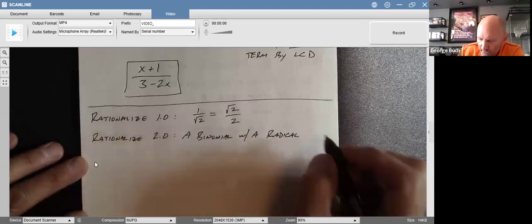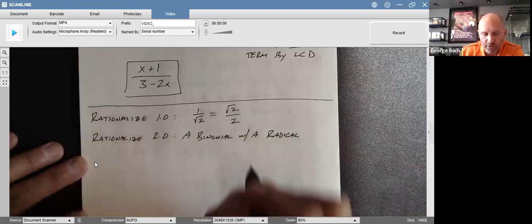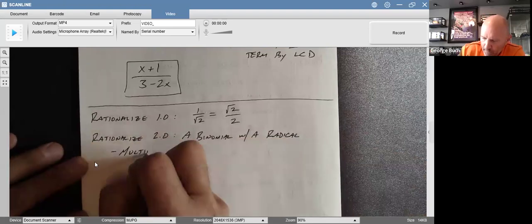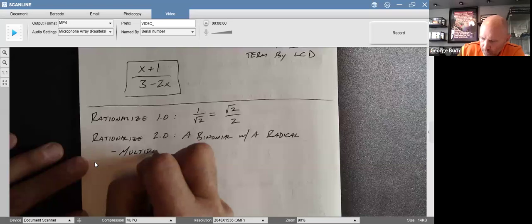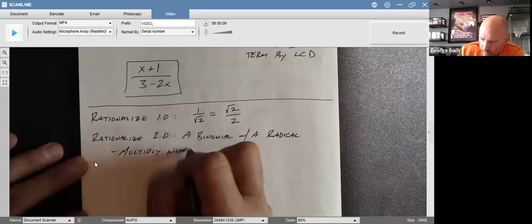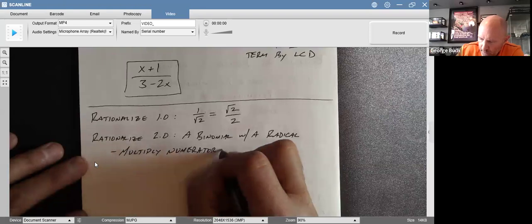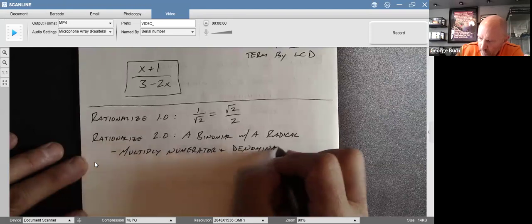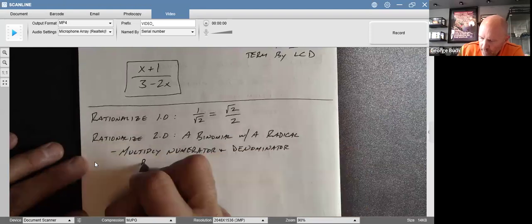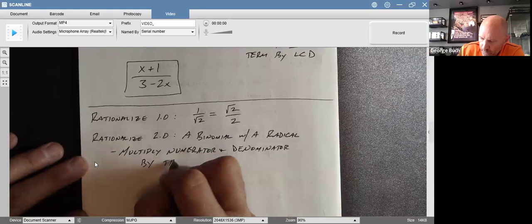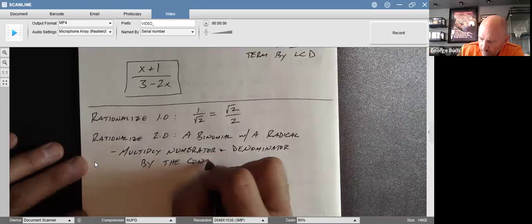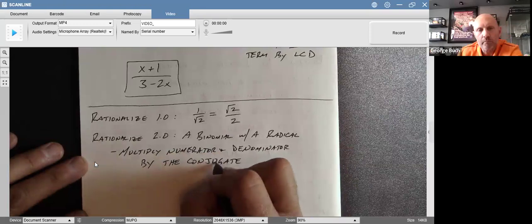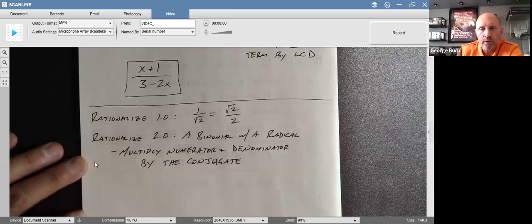To rationalize this kind of rational expression, we multiply the numerator and denominator by something called the conjugate. So you're like, okay, great, but what the heck's a conjugate?